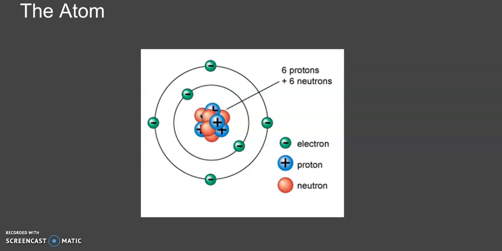So we are going to now break down what protons, neutrons, and electrons are, the standard subatomic particles.